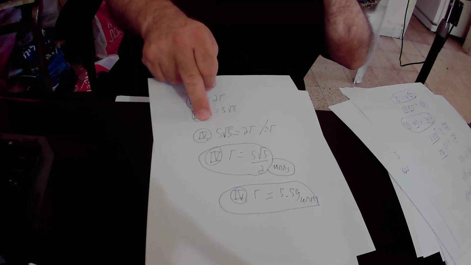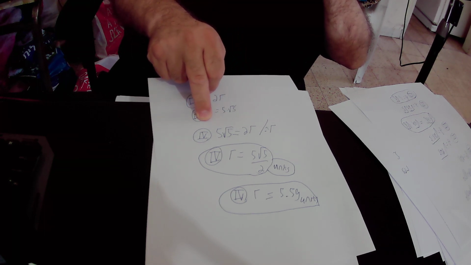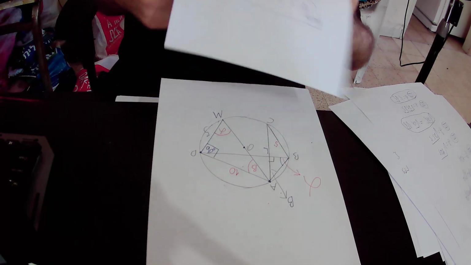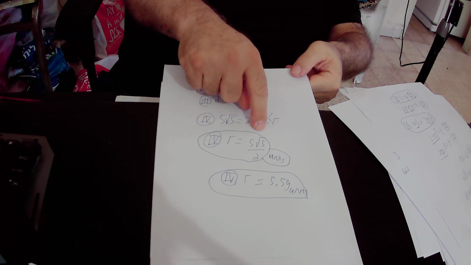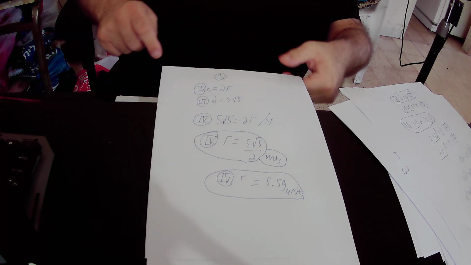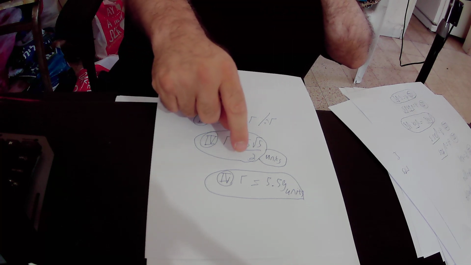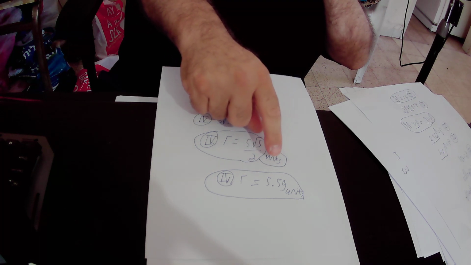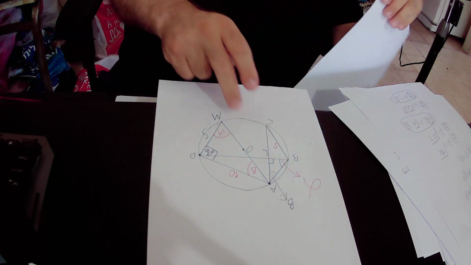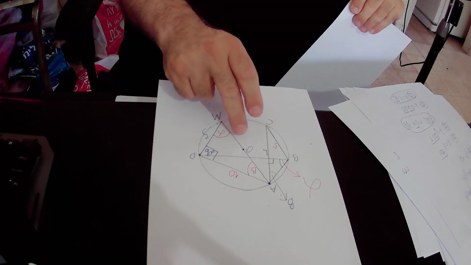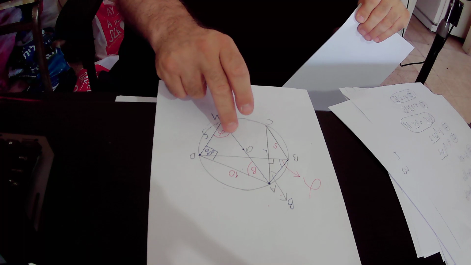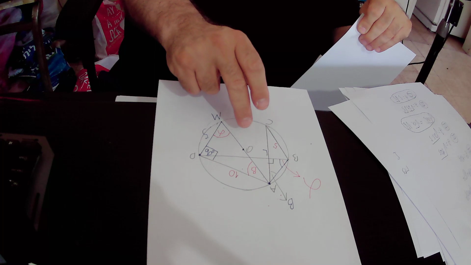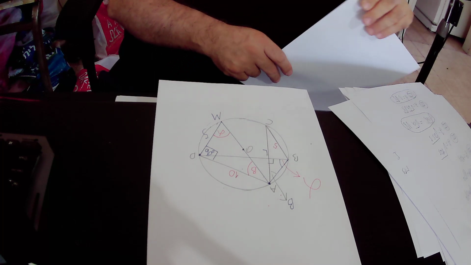We can divide the fourth equation by 2, and we got that the radius of this circle equals 5 times root 5 over 2 units. Or in numbers, the radius of the circle equals 5.59 units. Okay, thank you very much.